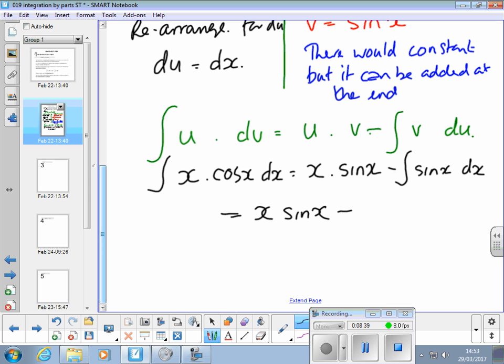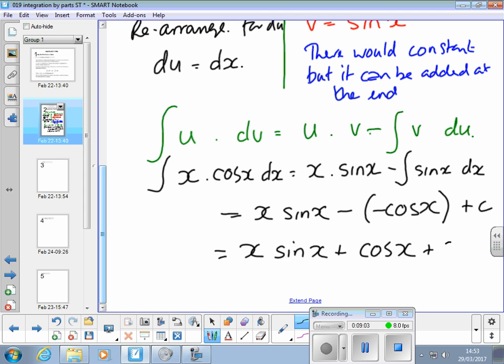Minus cos x. And then we'd put our plus c on. Okay, and those two negatives there become a plus. So the final answer is x sine x plus cos x plus c. Follow that? Not too bad.